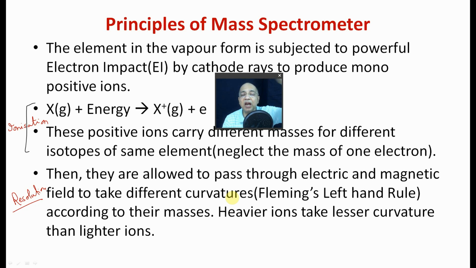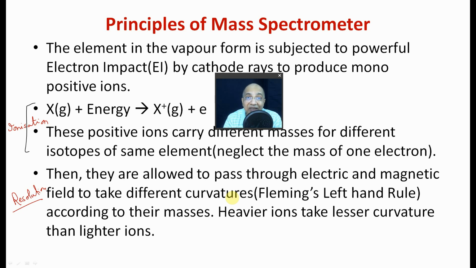a circular track, and the curvatures are different for different isotopic ions, because all are not of the same mass. Heavy isotope ions get a lesser curvature because they can't be attracted by the electric and magnetic field to that extent to which the lighter isotopes are attracted.